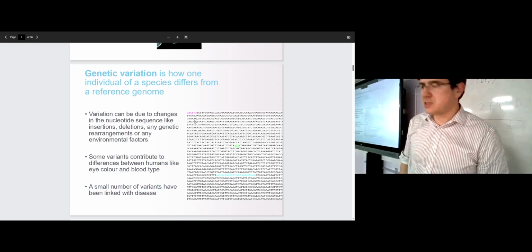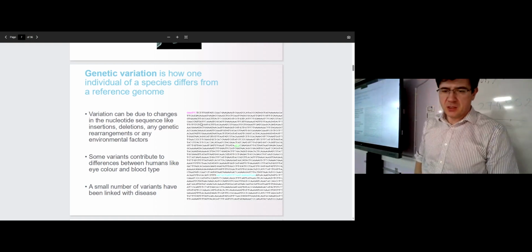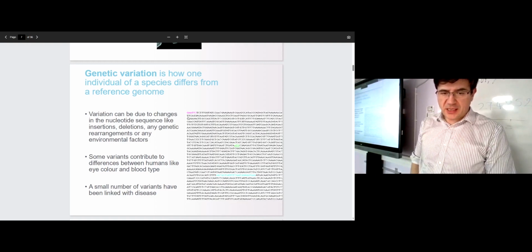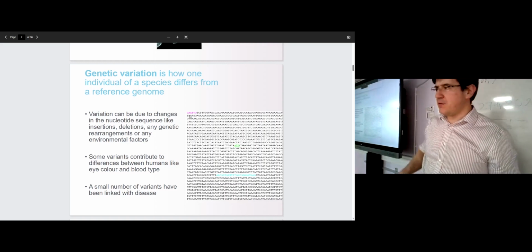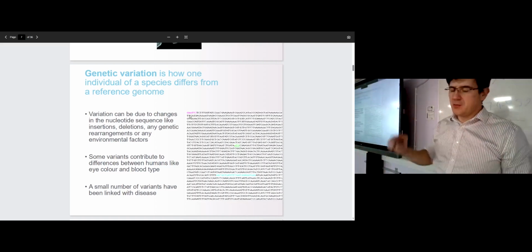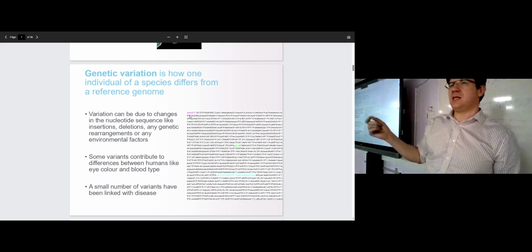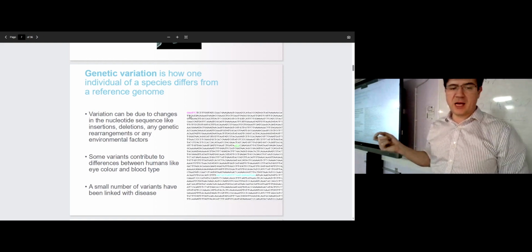The simplest type of variation that we can have is what we call a SNP. A SNP would be, let's say, that we change that T into a C. So we change one letter out of the 3 billion letters that we have. We change one letter for another. That's a SNP, a single nucleotide polymorphism. It's the simplest type of variant that we can have.